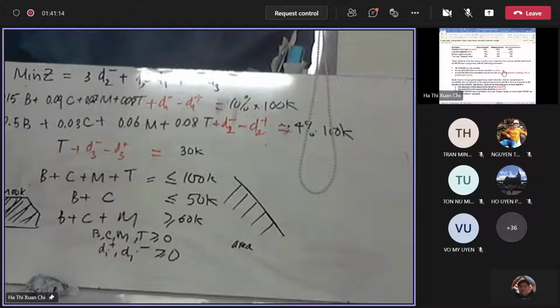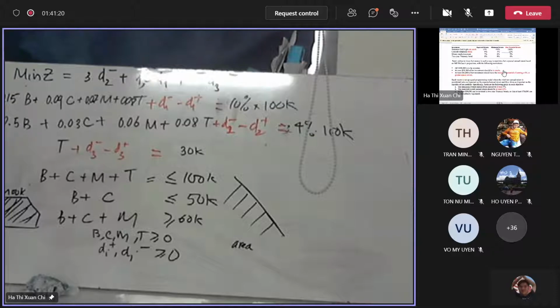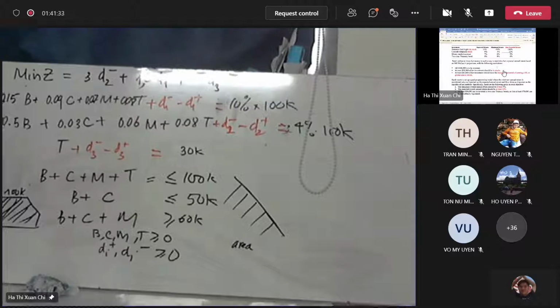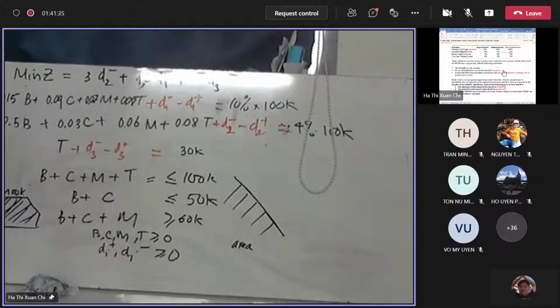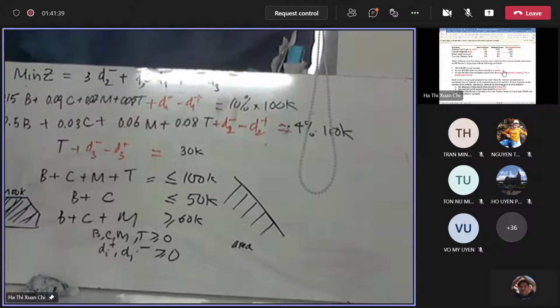Everyone, you can see that for Goal, for Global, for Compromise, we try to transform multi-objective into a single objective. A single objective is always minimize Z, right?